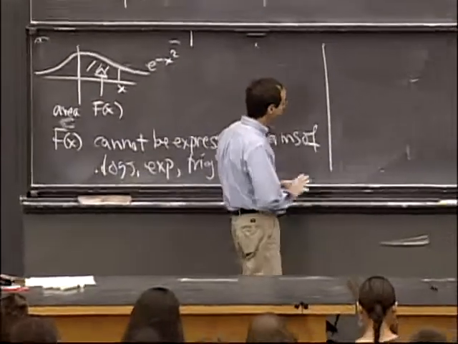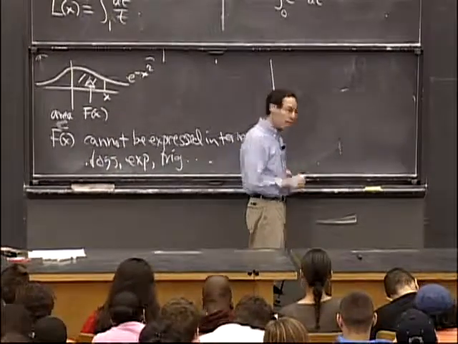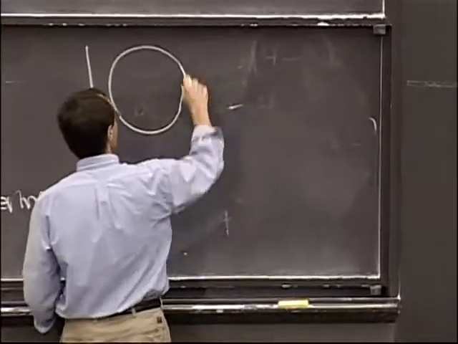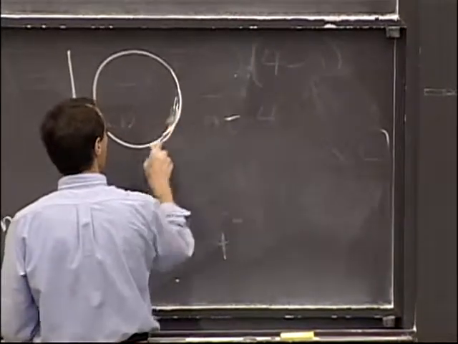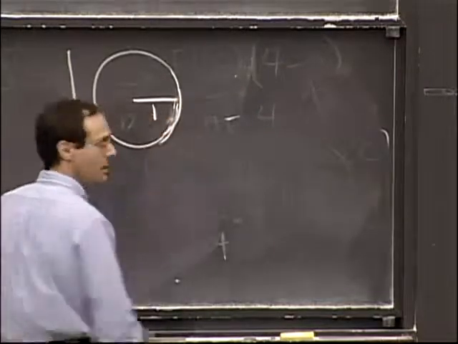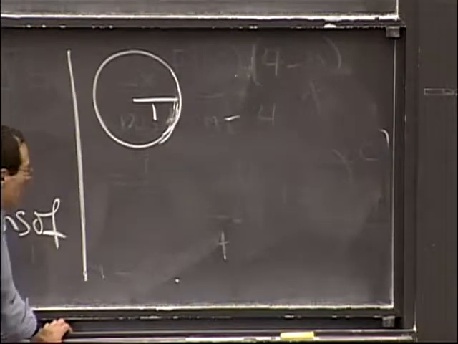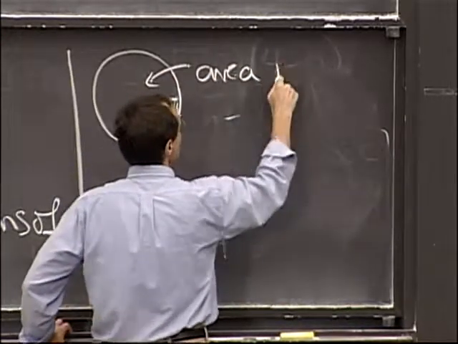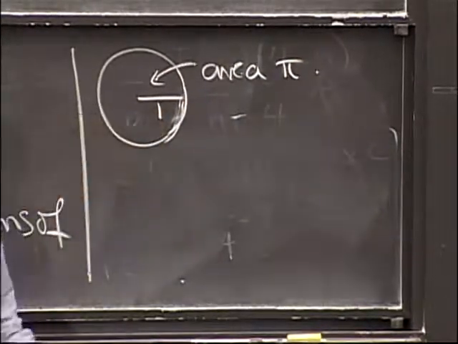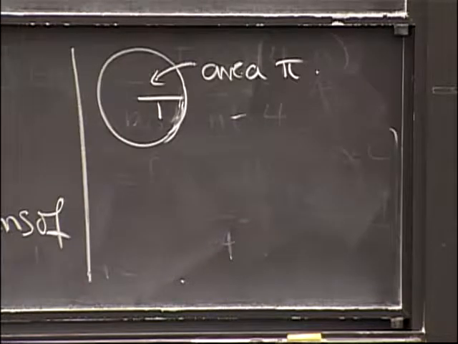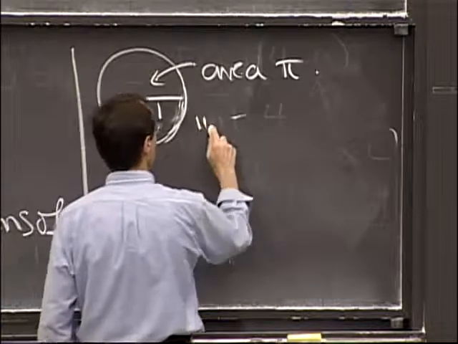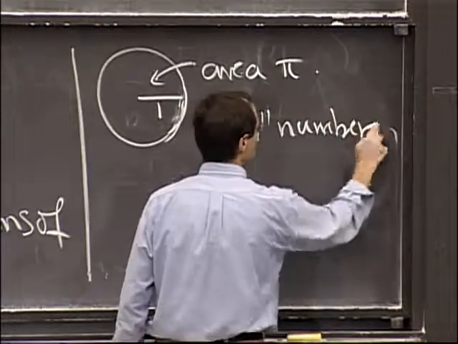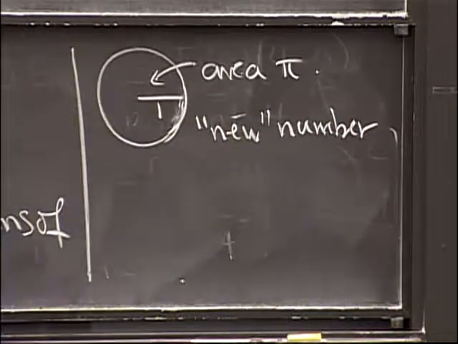And what this is analogous to is the following kind of thing. If you take the circle, the ancient Greeks, if you like, already understood that if you have a circle of radius 1, then its area is pi. So that's a geometric construction of what you could call a new number, which is outside of the realm of what you might expect.